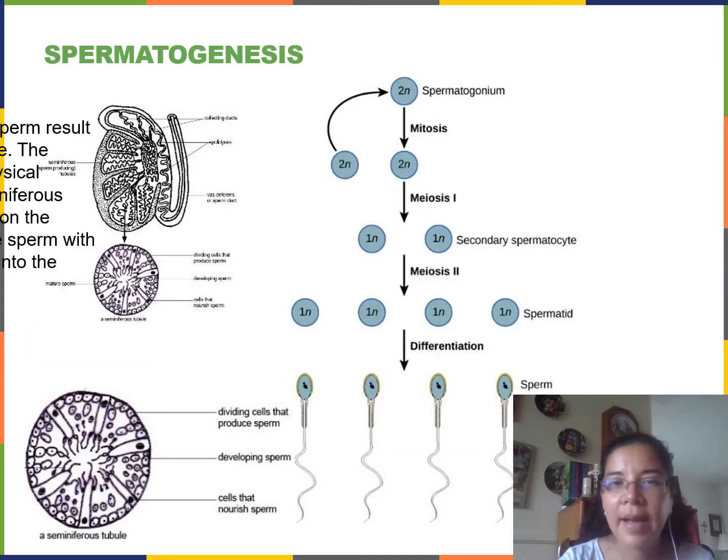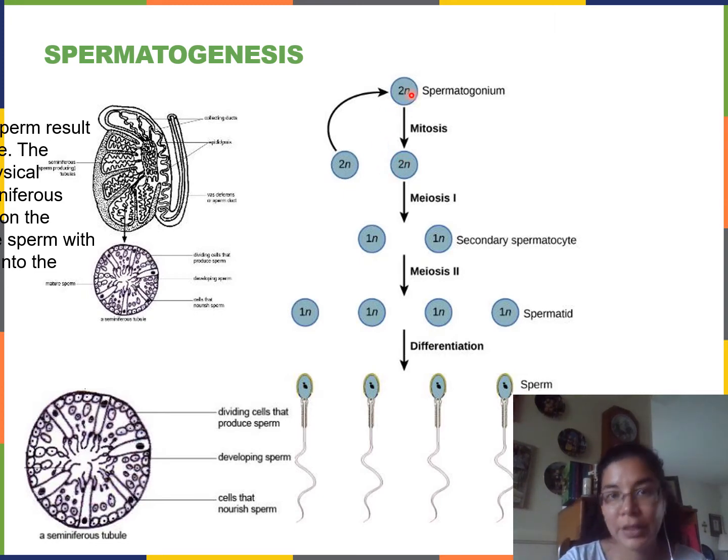So how do we apply meiosis to the formation of sperm? We call this spermatogenesis, the formation of sperm. So we have in the seminiferous tubules, at the periphery, stem cells. These stem cells are called spermatogonium. They're stem cells because they produce more of themselves and they produce cells that will become the sperm.